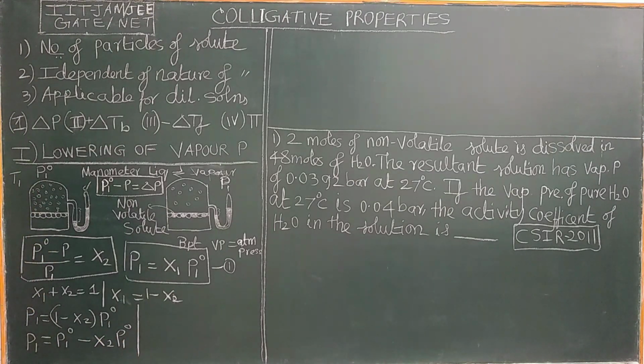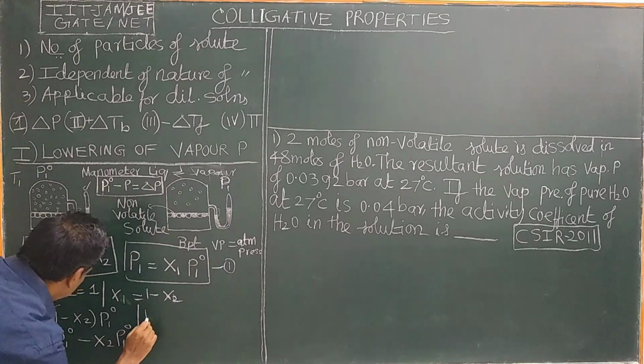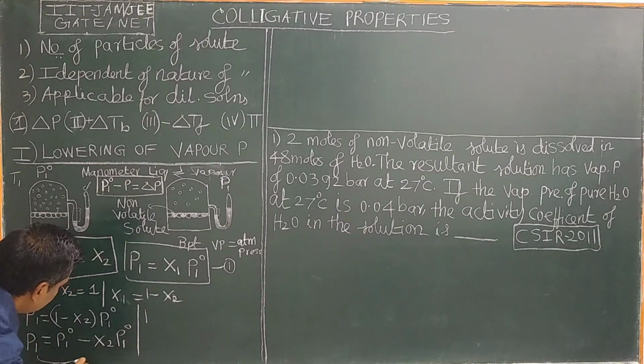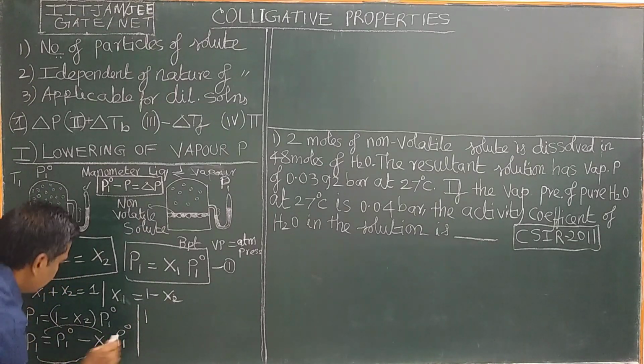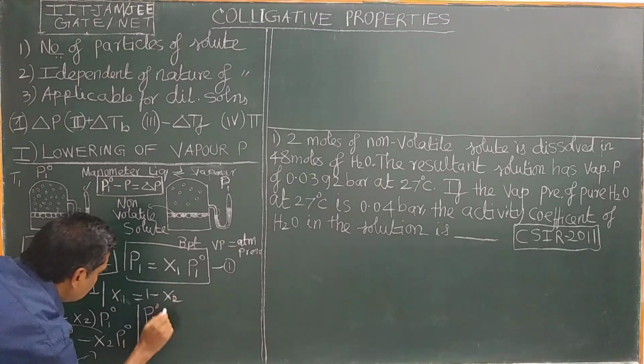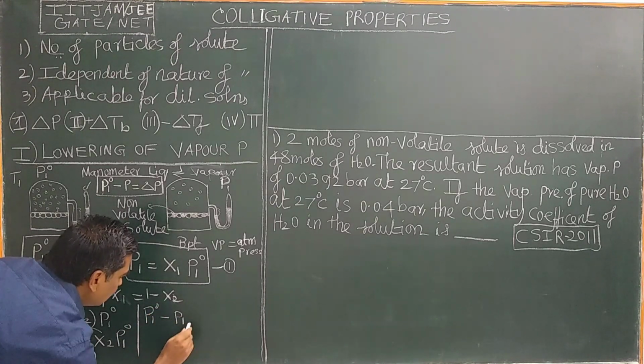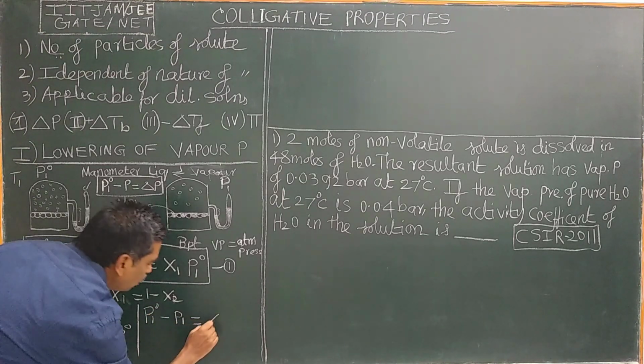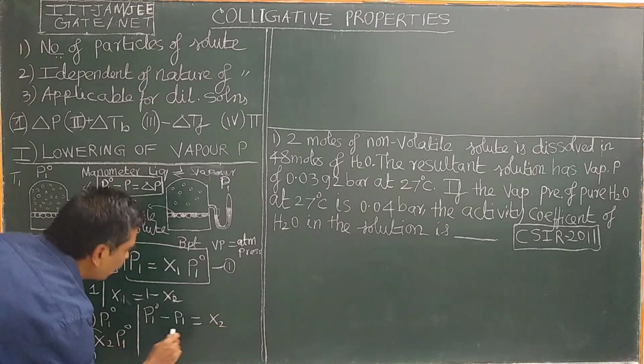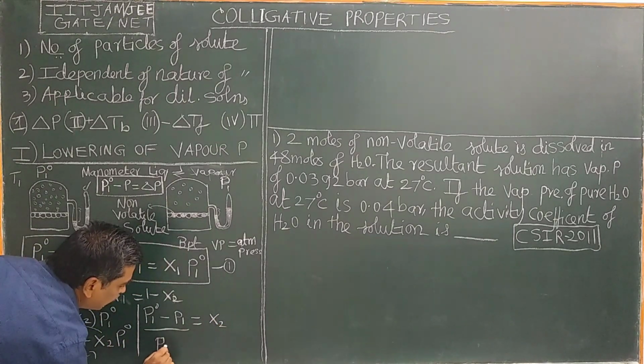Now you take this p1 and bring it here, and this here. Therefore, p1 naught minus p1 equals x2 p1 naught, and the p1 naught you bring down.